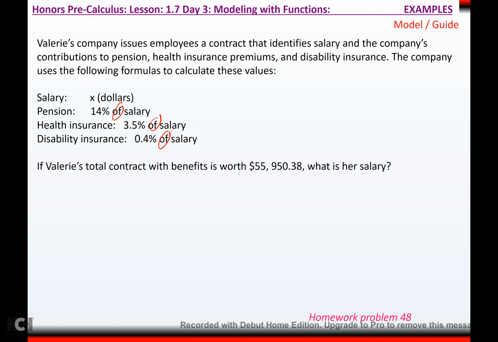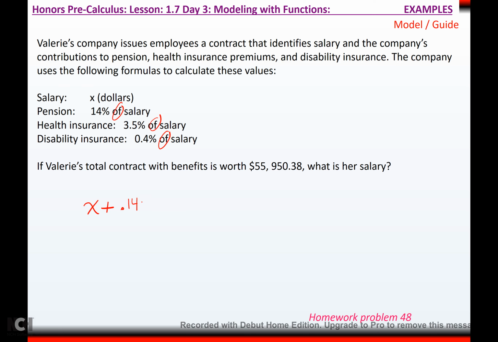If Valerie's total contract with benefits is worth $55,950.38, what is her salary? Well, wouldn't we take her salary plus the pension, right?